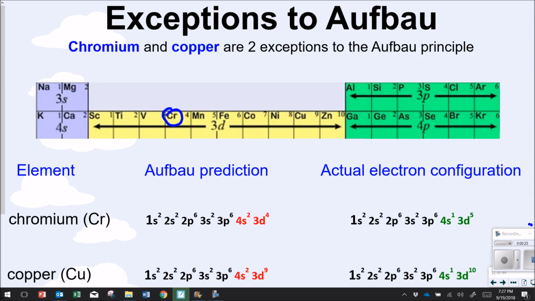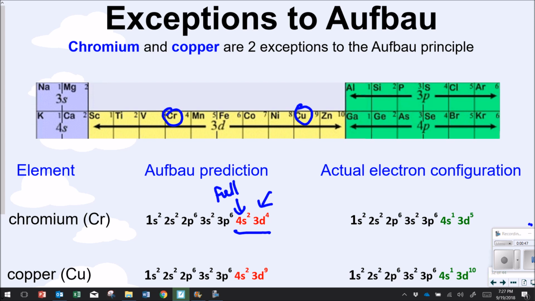Chromium and copper are 2 exceptions to the Aufbau principle. Chromium's electron configuration ends with 4s2, 3d4. So this is a full 4s sublevel and a neither full nor half full 3d sublevel.